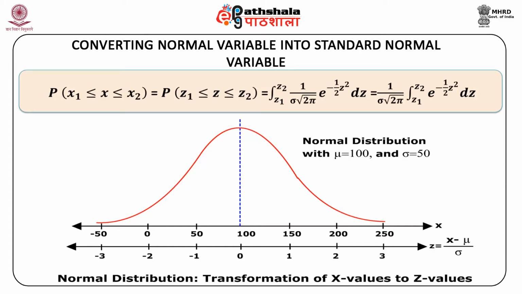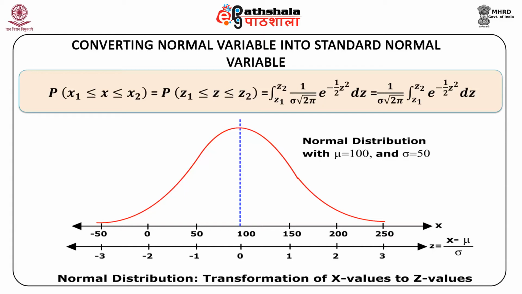The probability that x1 is less than or equal to x, which is less than or equal to x2, is equal to the probability that z1 is less than or equal to z, which is less than or equal to z2, which is equal to the integration from z1 to z2 of 1 over sigma root 2 pi e to the power of minus half z squared dz, which is equal to 1 divided by sigma root 2 pi times the integration from z1 to z2 of e raised to the power of minus half z squared dz.